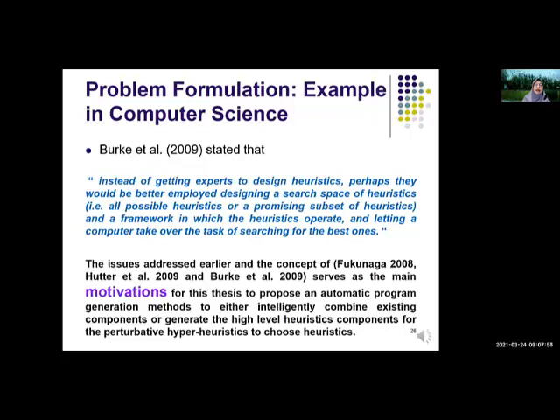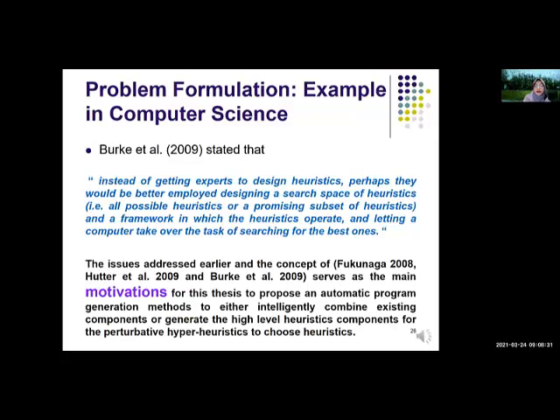And then they said, Burke et al. 2009 stated that instead of getting experts to design heuristics, perhaps it would be better to employ a designing search space of heuristics, that is, possible heuristics or a promising subset of heuristics, and a framework in which the heuristics operate, and let a computer take over the task of searching for the best one. This statement is given by a top researcher in hyperheuristics.